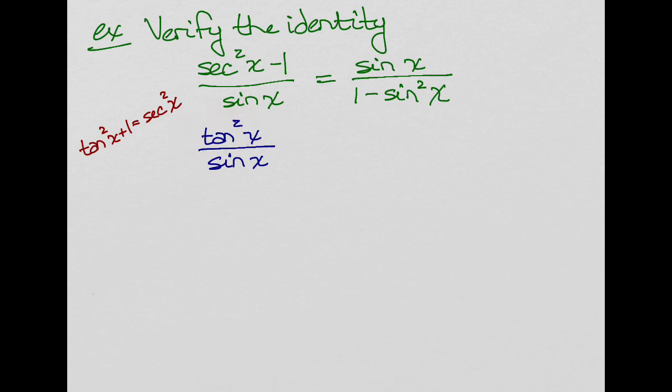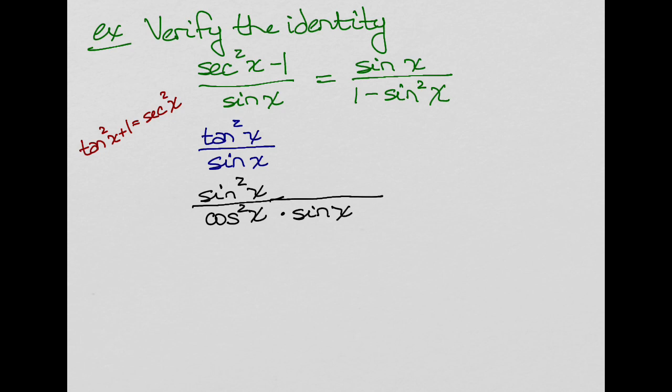I'm going to use a quotient identity, namely that tangent is sine over cosine, so tangent squared is sine squared x over cosine squared x. And that's all over sine x. So that sine x is in the denominator, and it's going to stay there.